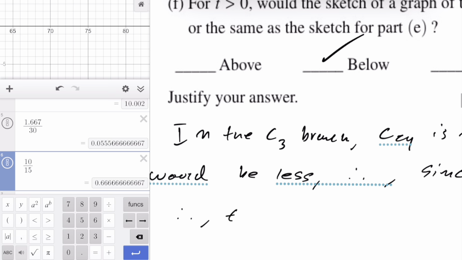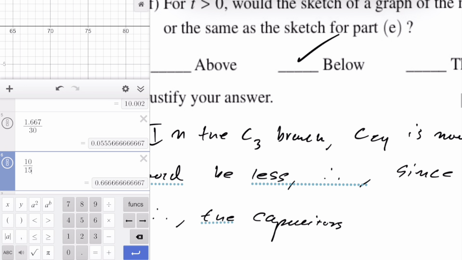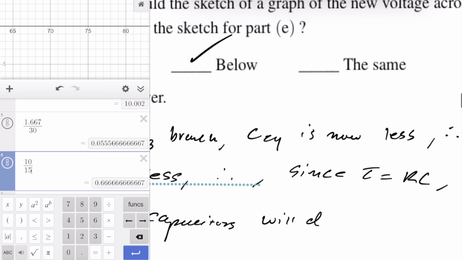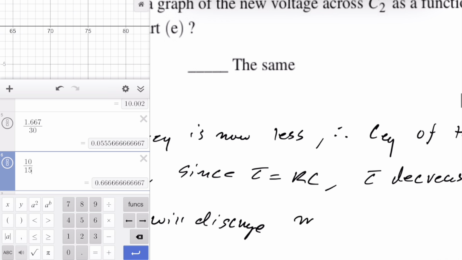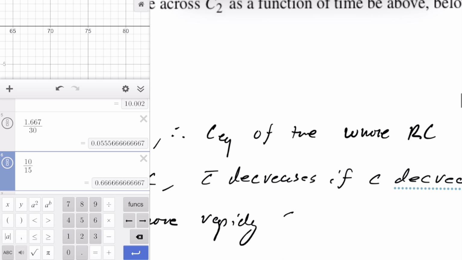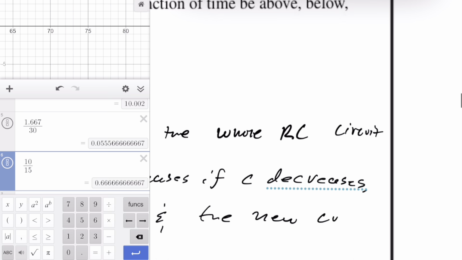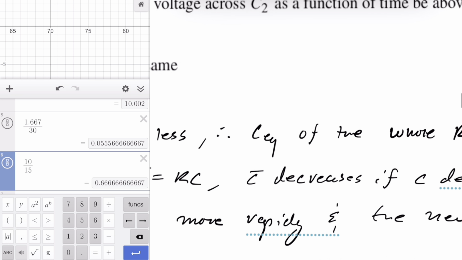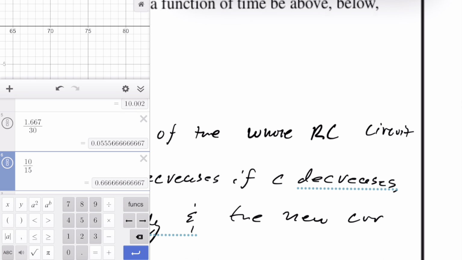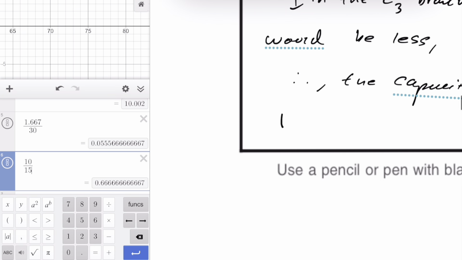Therefore, the capacitors will discharge more rapidly, and the new curve would be below the old curve.